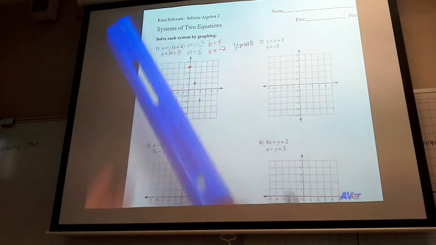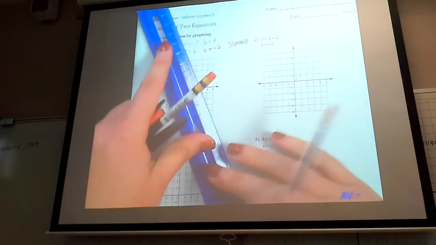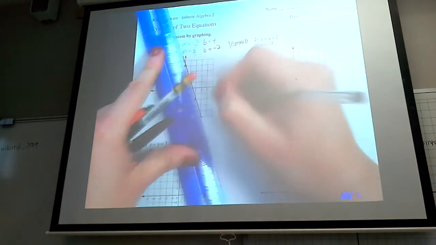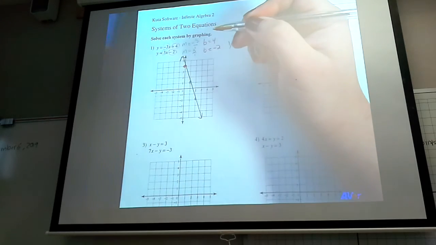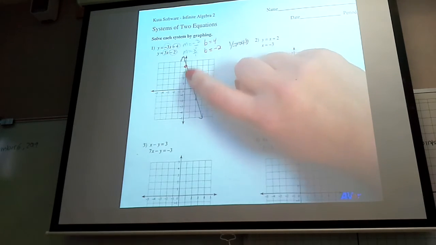So I go ahead and connect the points. Try to do this as close to the points as possible. Then I move on to the second equation. So I start at -2 on the y-axis again.